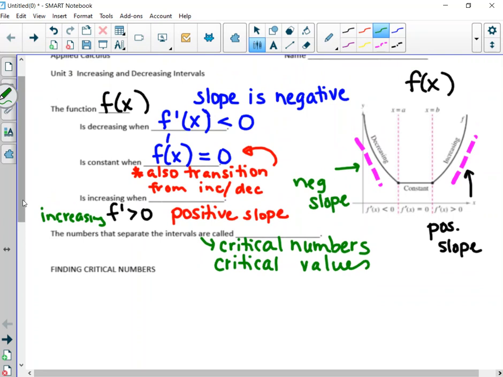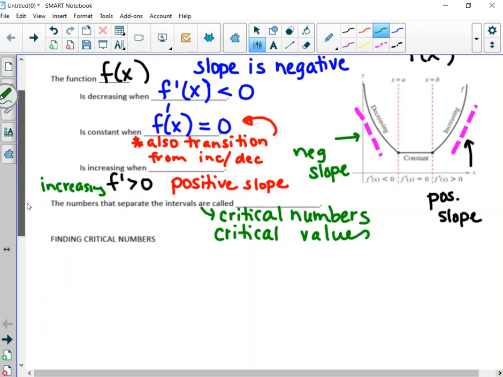So the critical values are going to be the numbers that help us figure out what parts of the function are increasing, what parts are decreasing, what parts are constant. By identifying critical values, that gives us the potential changing spots.